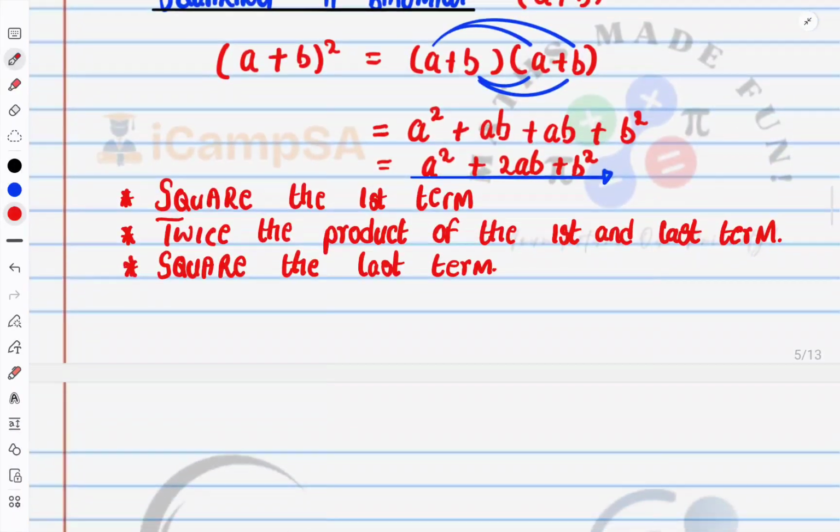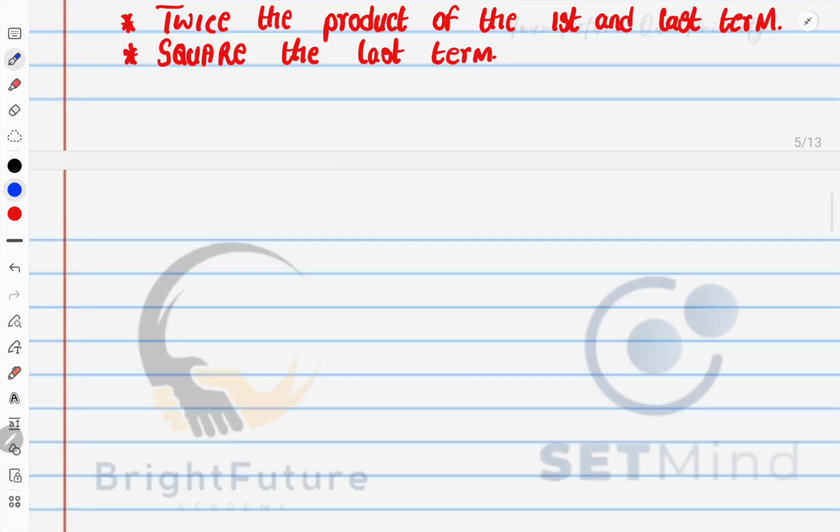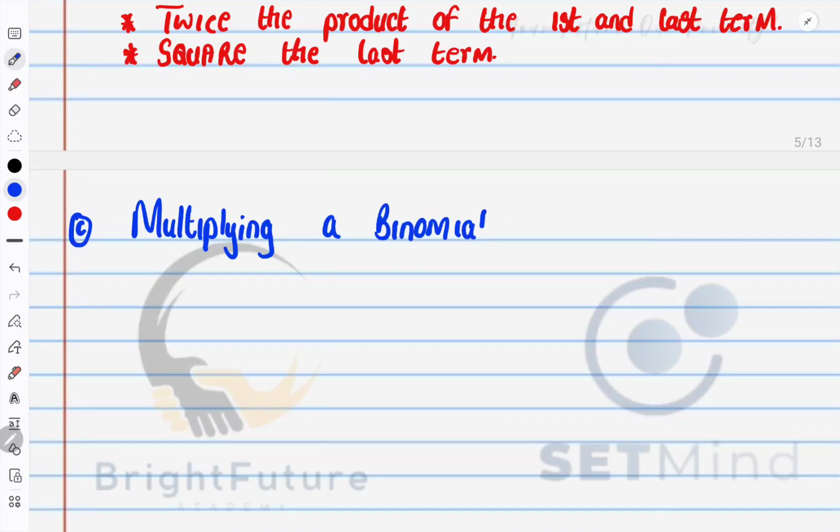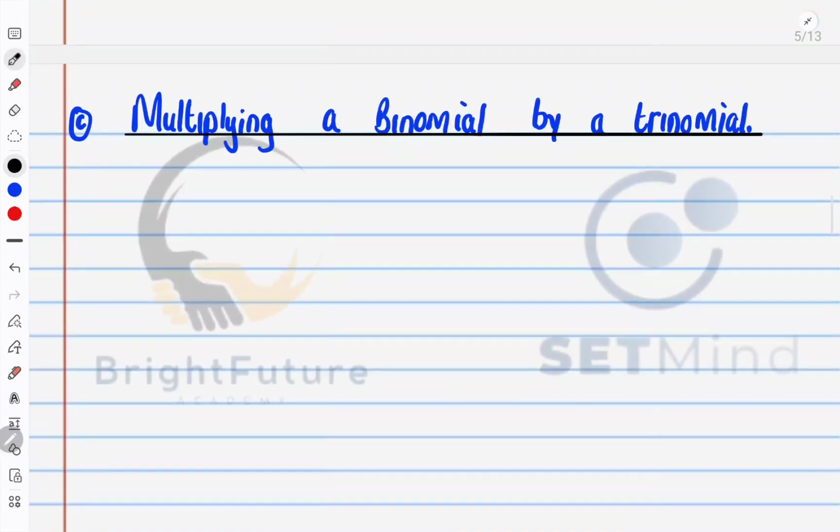For our number C, we are multiplying a binomial by a trinomial.